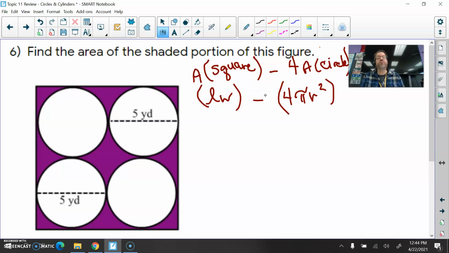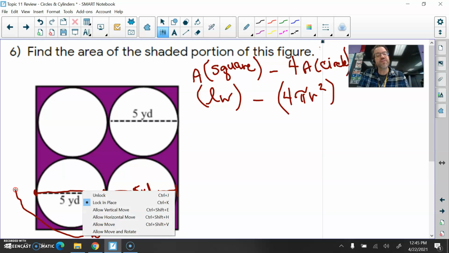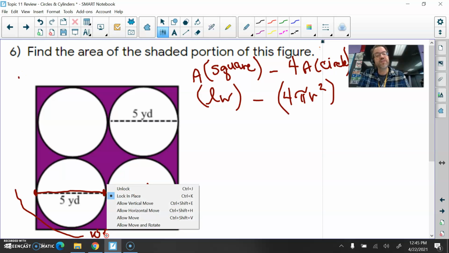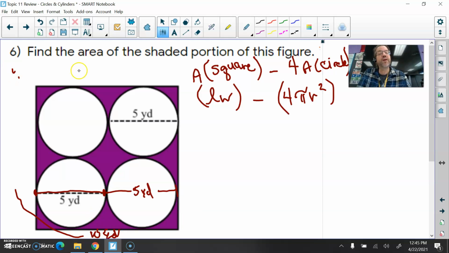All right, so now the big question, do you know the length and the width of this square? Do we know? It doesn't look like they're shown. But if this is 5 yards from here over to here, and then this one is also 5 yards from here over to here, then this must be 10 yards all the way across. I'll write 10 yards up here.